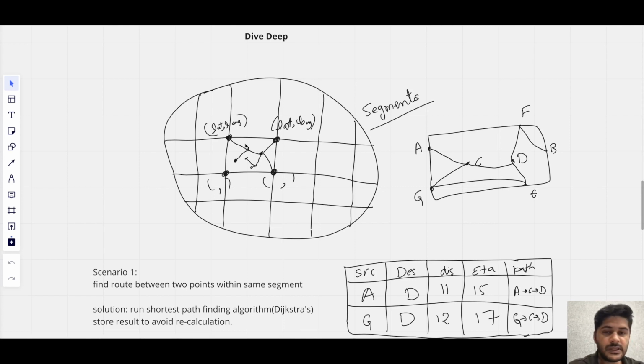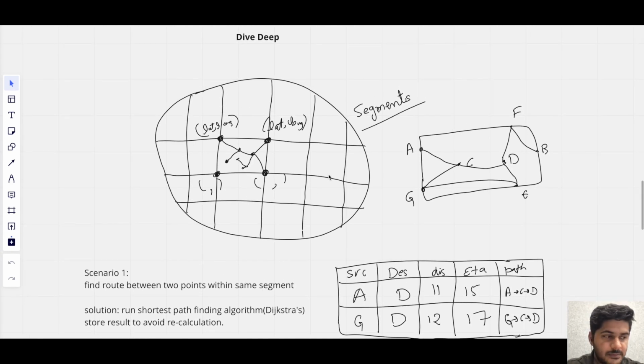But if we have segments like this, then the requirement can be like I am standing here right now and I want to go till this point. Let's call it S and let's call it D, right?